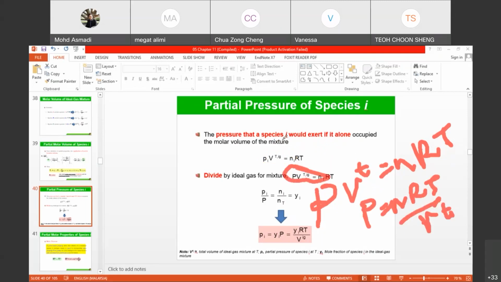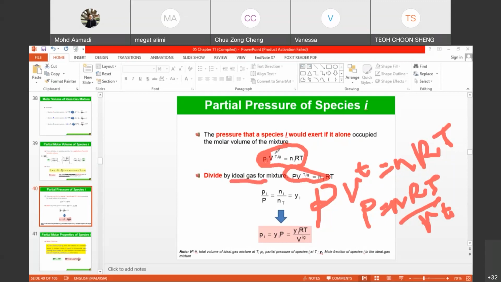Similarly, for the pressure that species i would exert if it alone occupied the total molar volume of the mixture, it's going to be p_i, the partial pressure of that species. Okay, and this one is for the gas mixture.